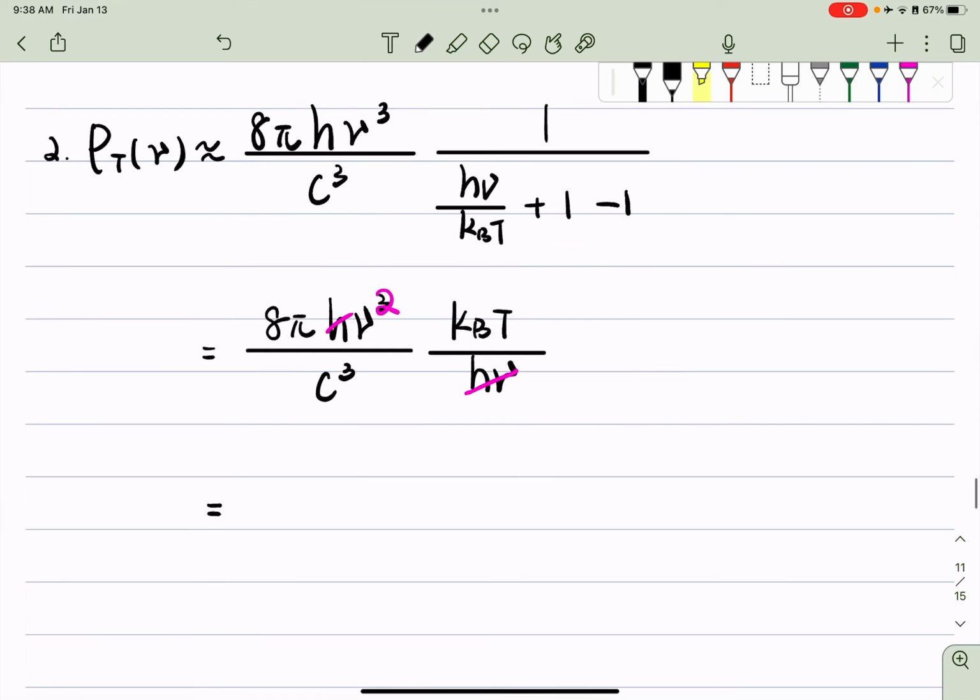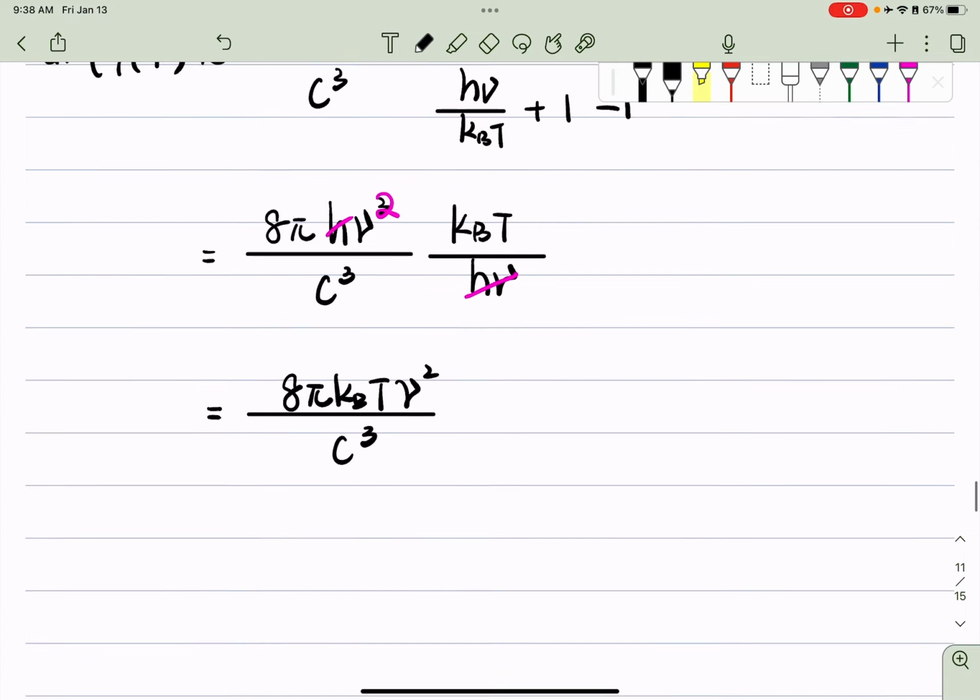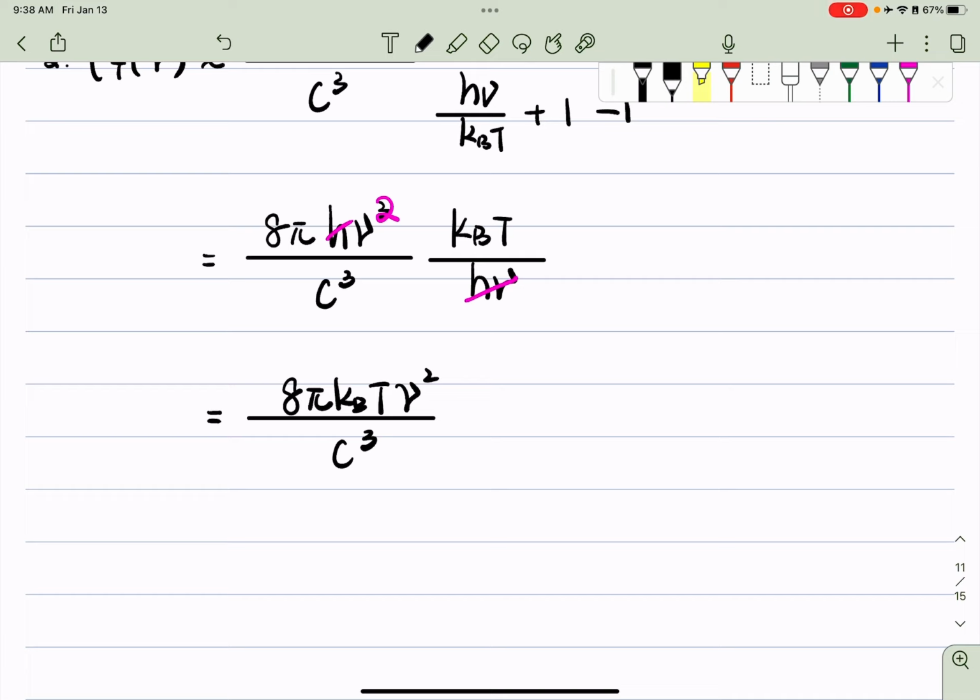What we end up with is 8 pi kBT nu squared over c cubed. What it means is that we're now getting back to our classical equation, right? That's our classical equation. So at infinite temperature, all of your oscillators, whatever your frequency is, can be activated.